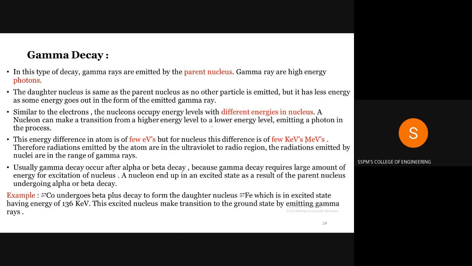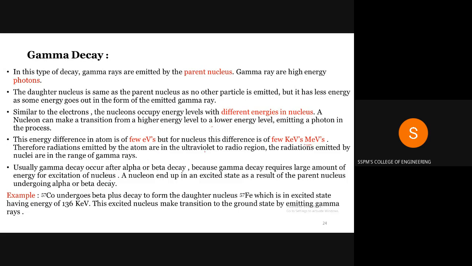It is not simply a few kilo electron volts, but it leads to energies in the range of million electron volts. Therefore, radiations emitted by the atom are in the ultraviolet to radio region. The radiations emitted by the nucleus are in the range of gamma rays.